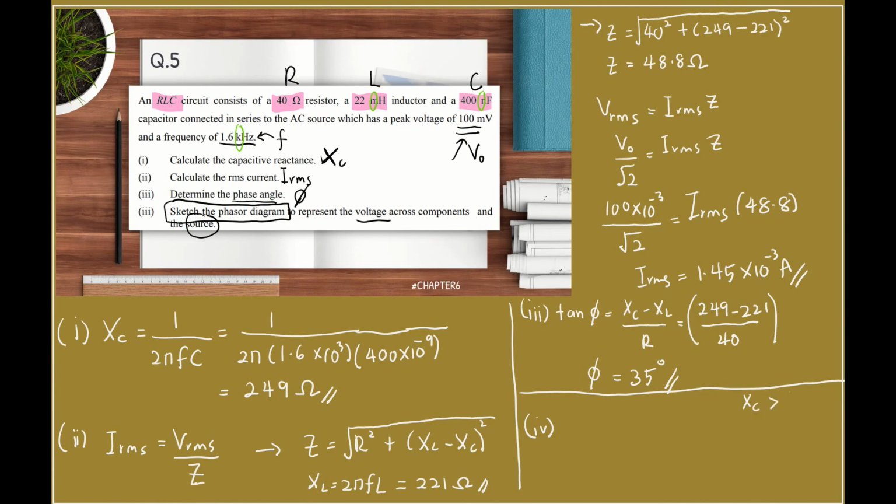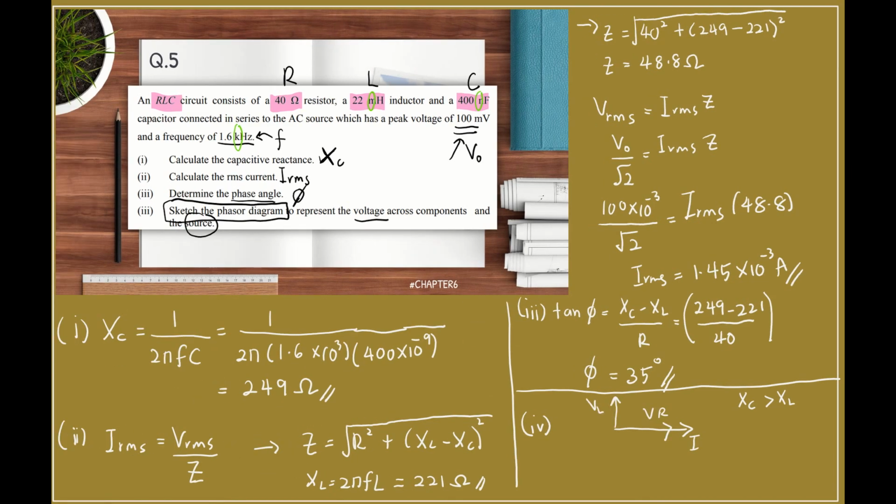In this case, class, we have XC bigger than XL. So your phasor diagram is going to be like this. We have VR, VL, VC, and since we have VC bigger than VL, we have this resultant voltage.